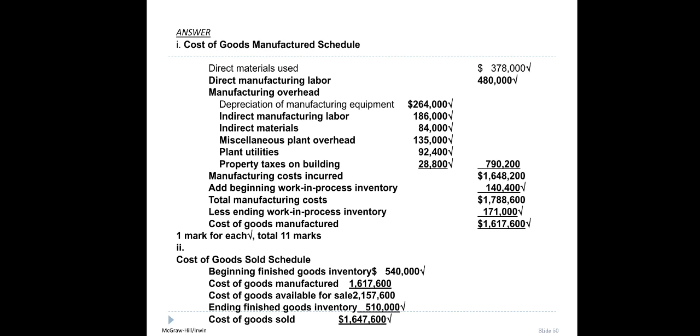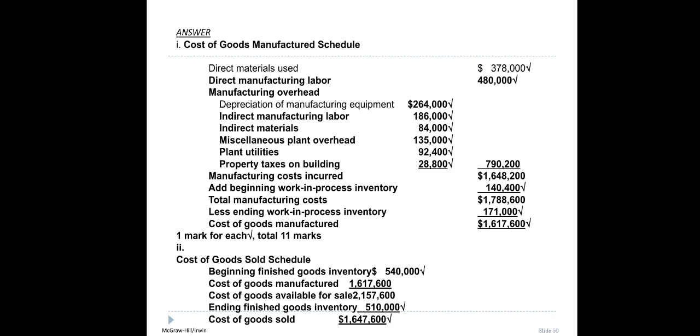After that, you add beginning WIP inventory, and then you minus the WIP ending inventory. The final amount is the cost of goods manufactured.